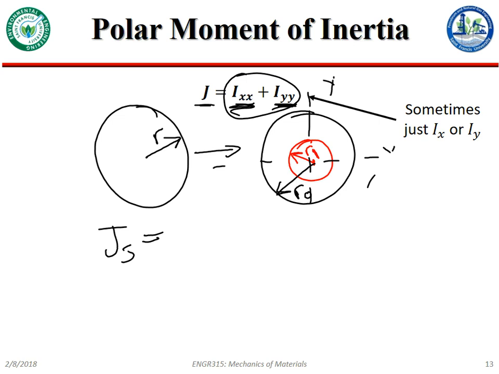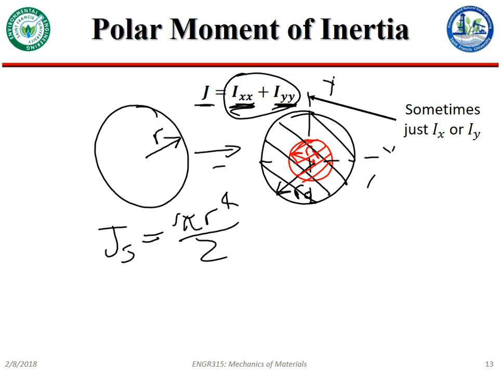J solid is pi r to the fourth over 2. And if I'm just hollowing out a bit of that circle, I can take my solid polar moment of inertia and subtract out what I removed.